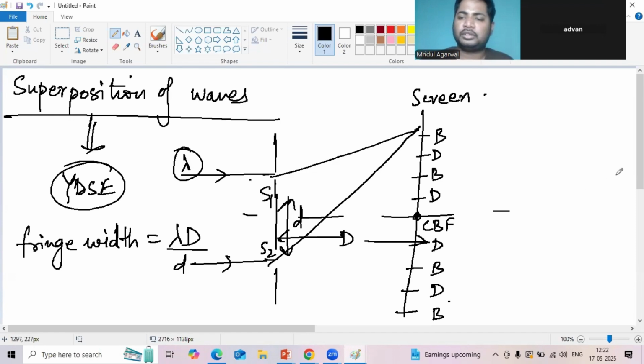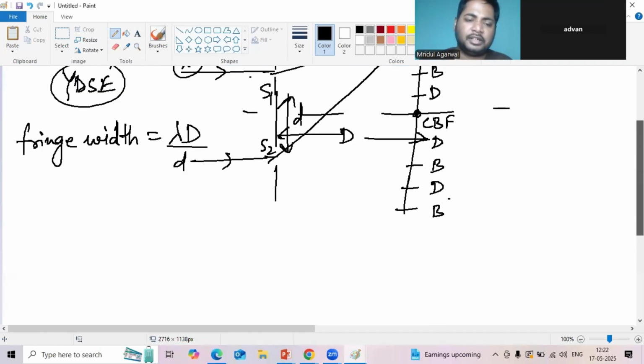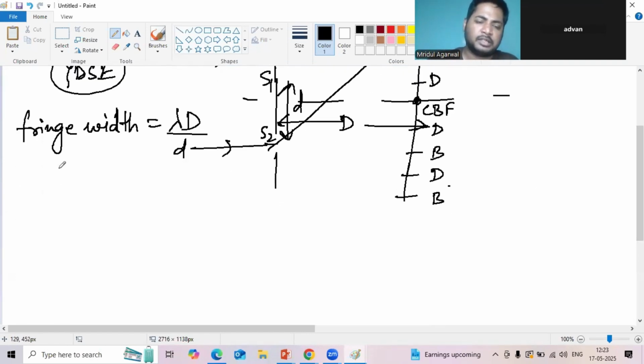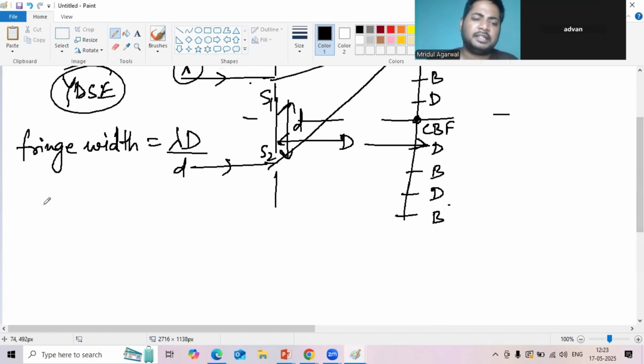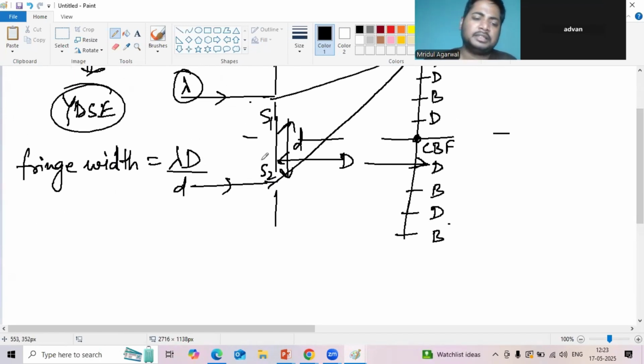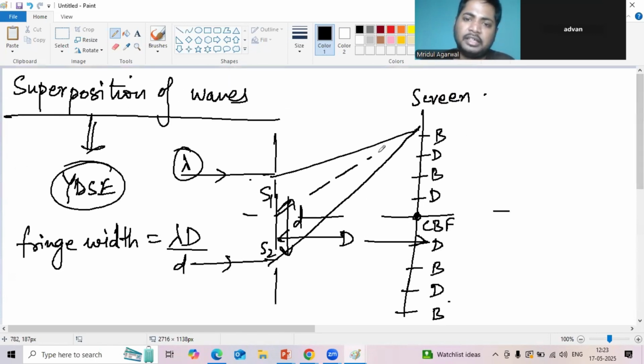Now remember one more thing about the superposition of waves. This is your fringe width, and one more thing is your y distance. Suppose this is your angle theta, and y is this.